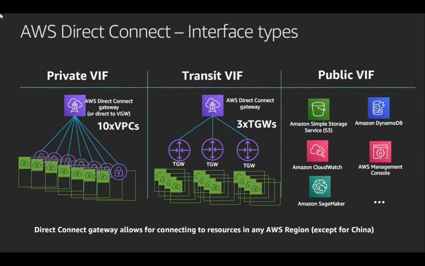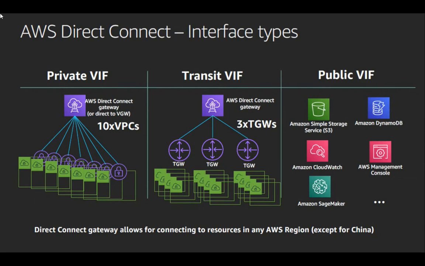Now, a few things to remember about the interfaces available in Direct Connect. With private virtual interfaces, you can have up to 10 VPCs. This is very important. So you can have up to 10 VPCs support with private VIF. This can change.